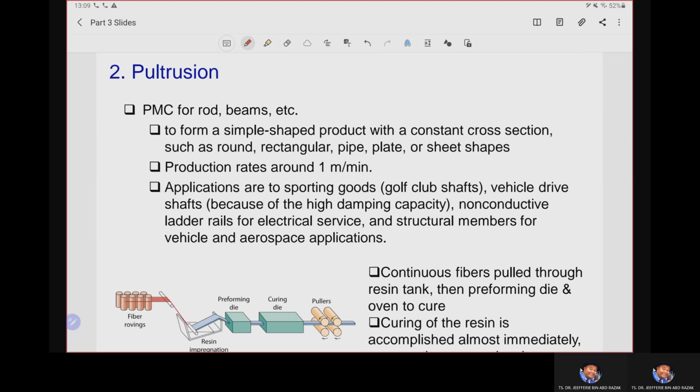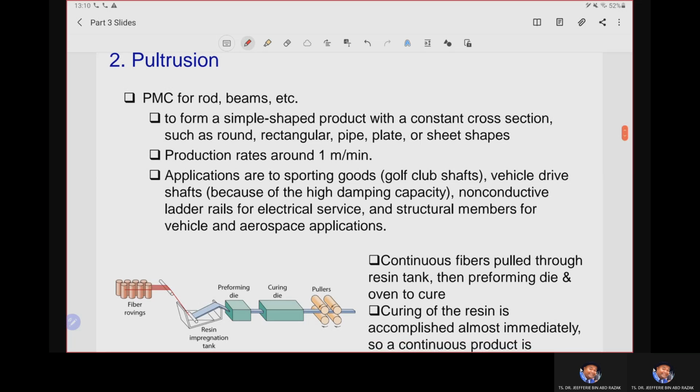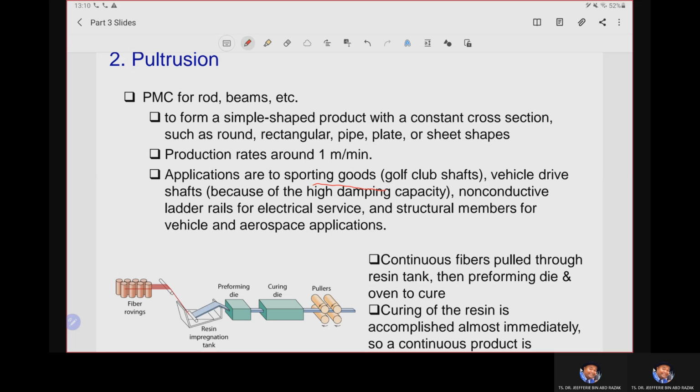The process is automated with a very fast production rate of about 1 meter per minute. Applications of this manufacturing process include sporting goods such as golf club shafts, vehicle drive shafts, ladder rails, and structural members for vehicle and aerospace applications.